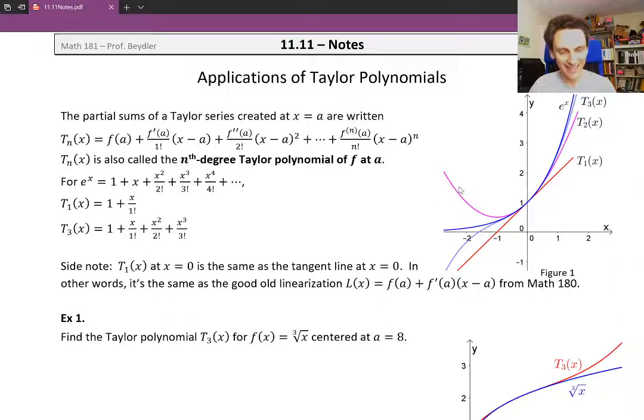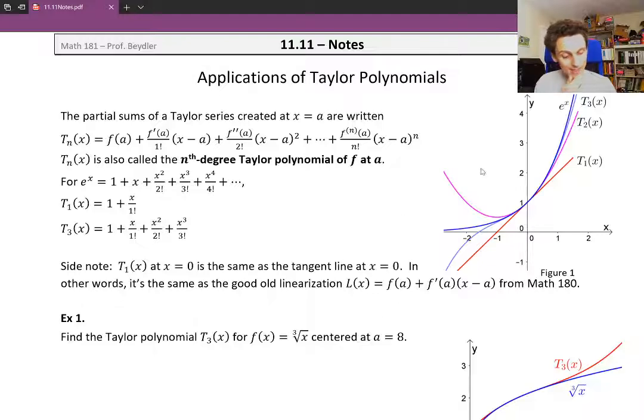T2 would be this parabola here, this magenta looking parabola. T3 is this curve, kind of a light bluish curve. And that's the cubic that we just wrote out here. This is 1 plus x plus x squared over 2 factorial plus x cubed over 3 factorial.